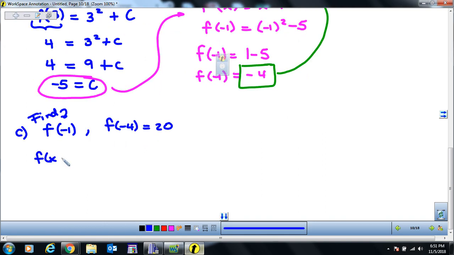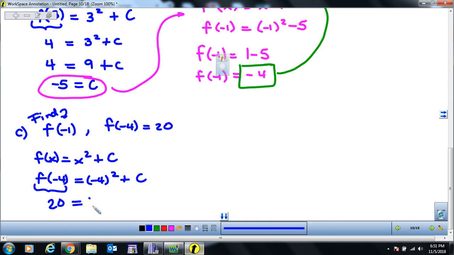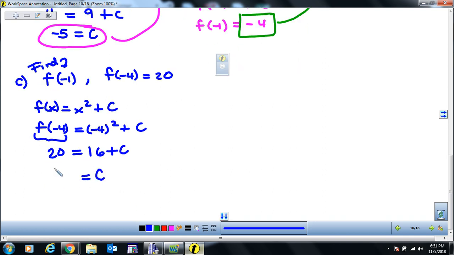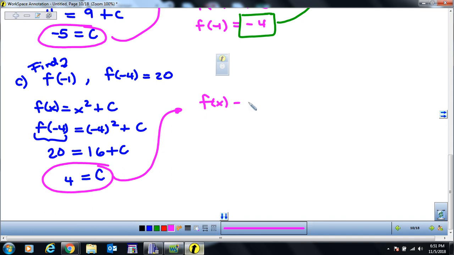So f of x equals x squared plus c. So f of negative 4 equals negative 4 squared plus c. This would be 20. So this would be 16 plus c. You move the 16 to the other side, so 20 minus 16 is going to be a 4. So this 4, you're going to use it to come up with the actual value you were looking for.